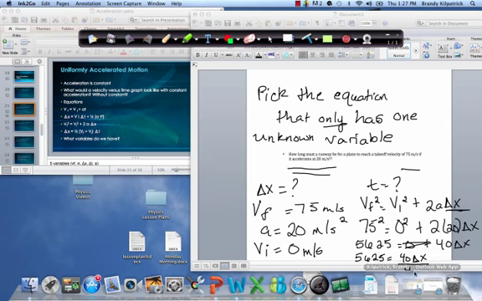Divide both sides by 40. So in this case, delta x will equal 5,625 divided by 40. I will get 140.625 meters. That's my answer.